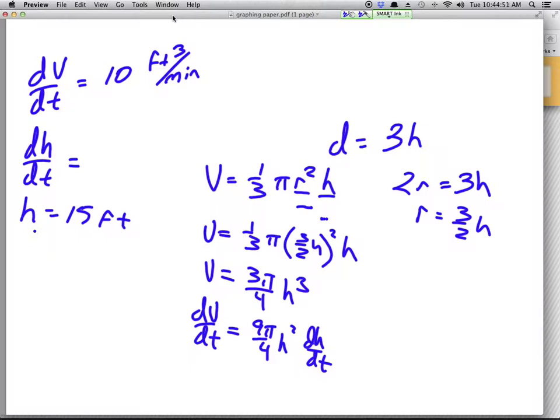Once I take the derivative, what do I do? Plug in. So I'm going to move over here. dV/dt is 10. h is 15. Then I have dh/dt.